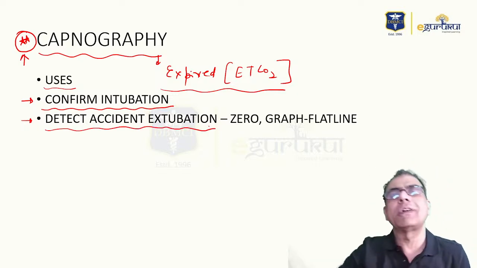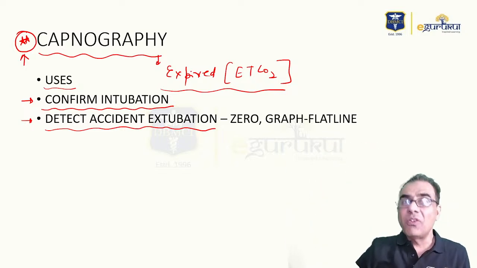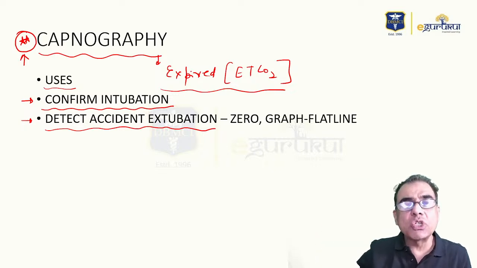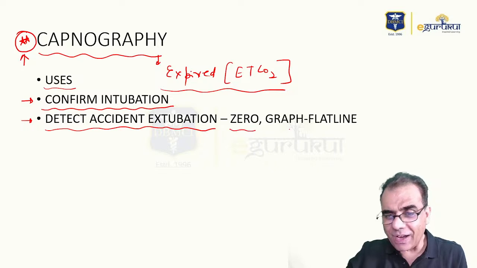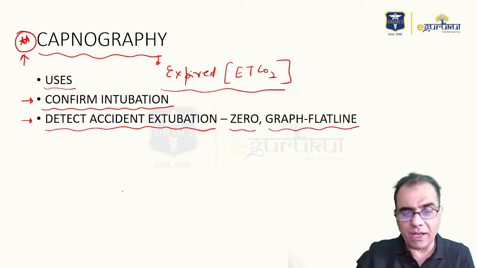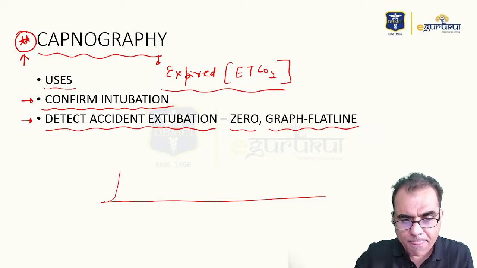If the tube is not in the trachea, meaning it comes out or slips into the esophagus, then what will happen to capnography? From where will CO2 come? So EtCO2 will become 0 and the graph is going to become a flat line. Otherwise, normally, what kind of graph do you see in capnography?